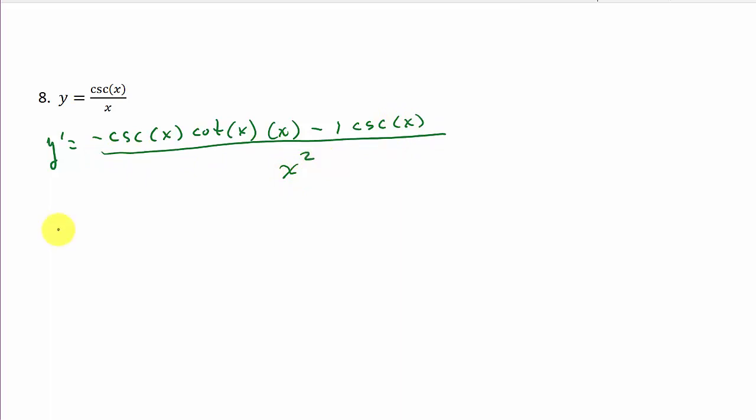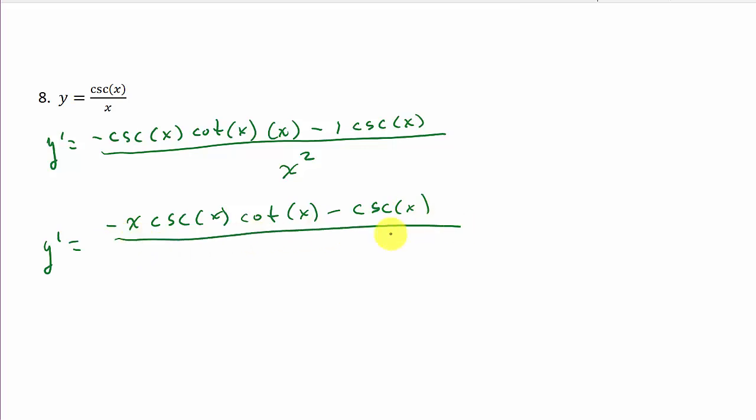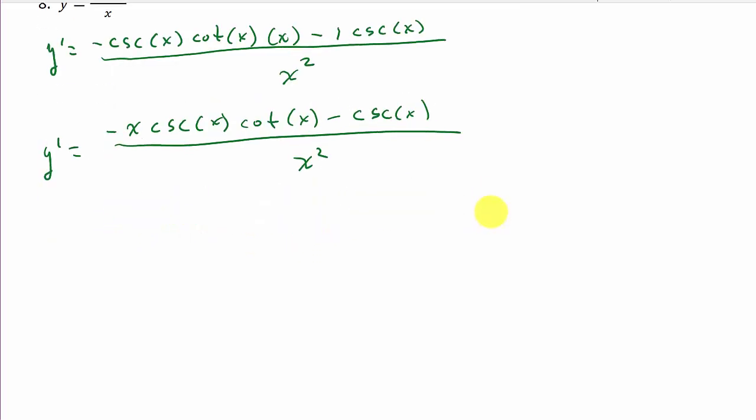And then let's see what we can do. So y prime, that is going to be, well, let's do this in a couple of steps. Negative x cosecant x cotangent x minus cosecant x over x squared.